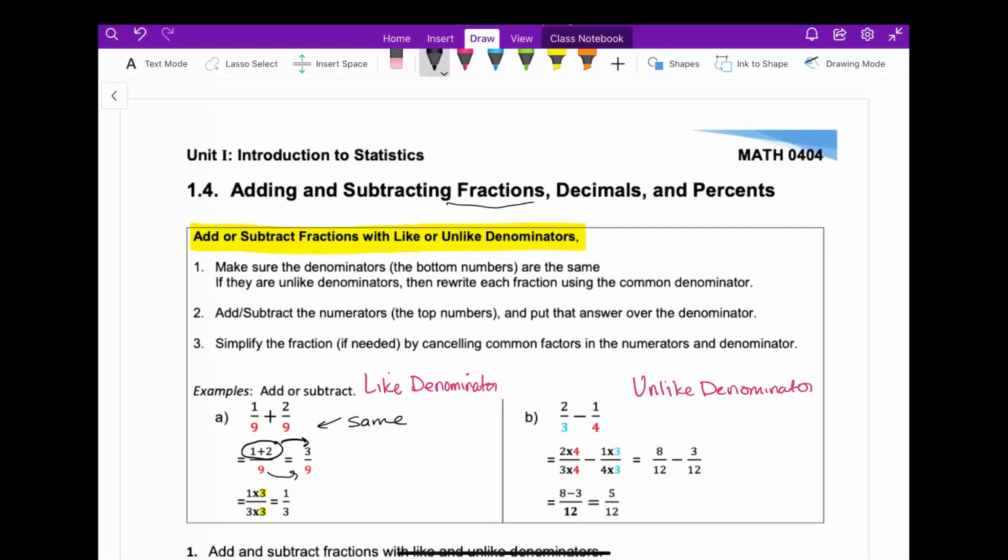Number 3, it says simplify the fraction if needed by canceling common factors in the numerators and denominators. So how do we start the process of simplification? One of the first things that I can notice, and hopefully you do too, is that this 3 and this 9 have a factor in common, and the number in common is 3.